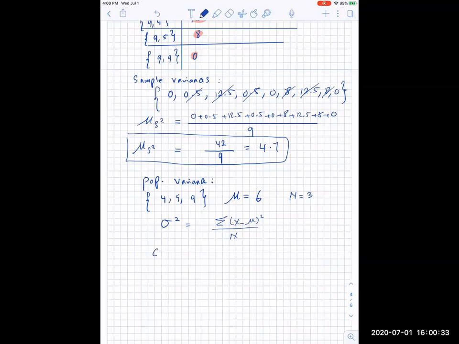So the population variance is the sum of the differences squared. So 4 minus 3 squared, 5 minus 3 squared, and 9 minus 3 squared over 3.